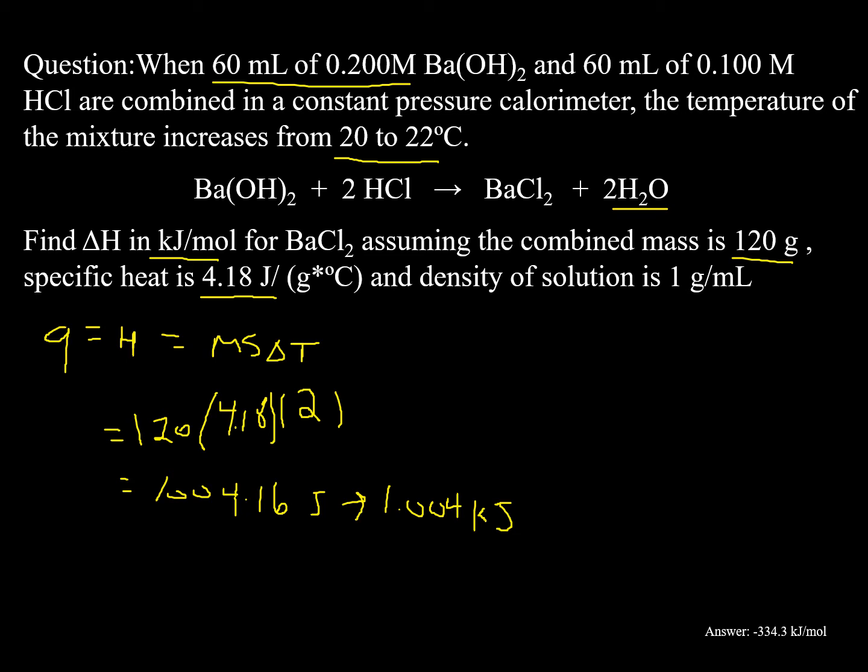Reagents are on the left side. So let's start with the Ba(OH)2, barium hydroxide. So in this case we have 0.2 times 0.06 liters, have to convert it to liters. We multiply the two out, we get 0.012 moles.